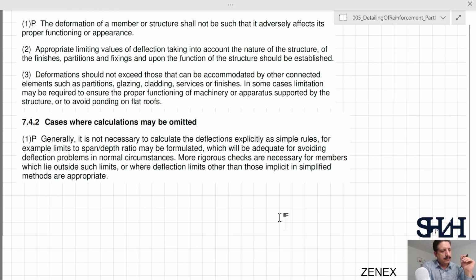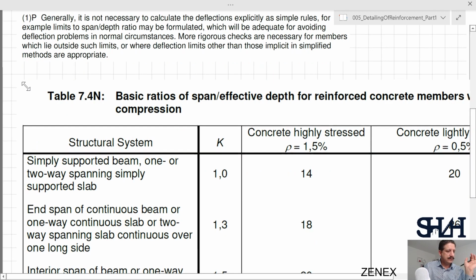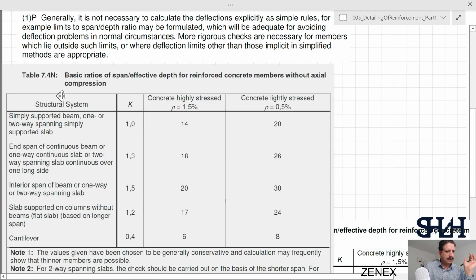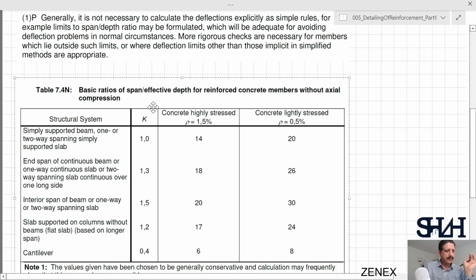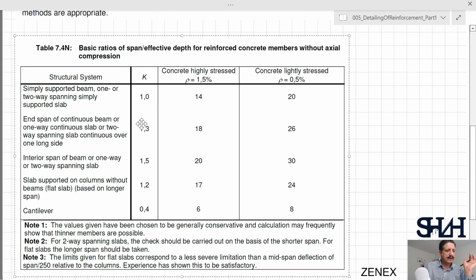So if you check the span to depth ratio, and it has a sufficient value, then you can ignore the deflection calculation. For this, there is Table 7.4N, basic ratios of span to effective depth for reinforced concrete members without axial compression.